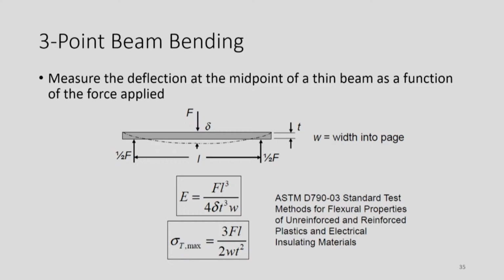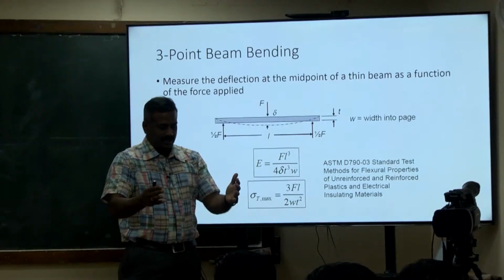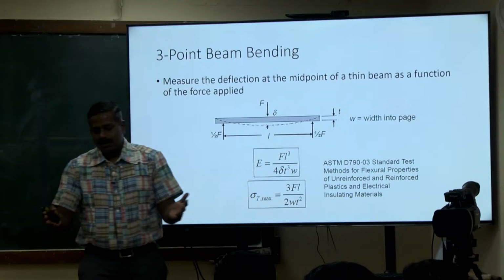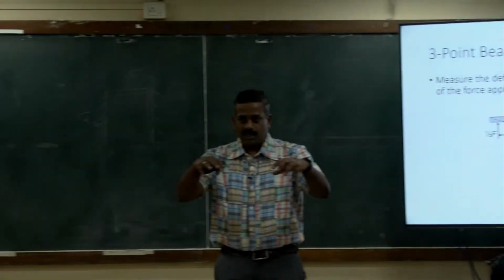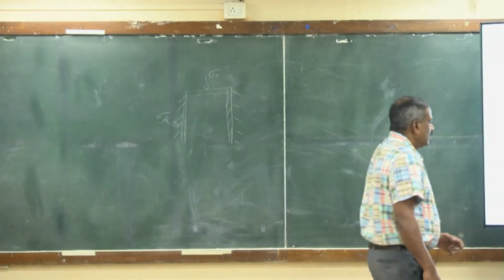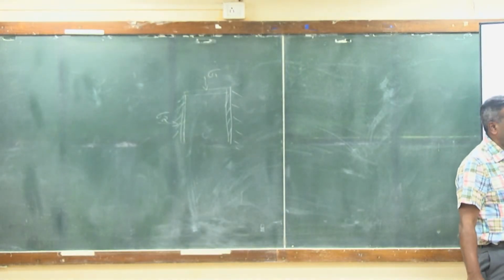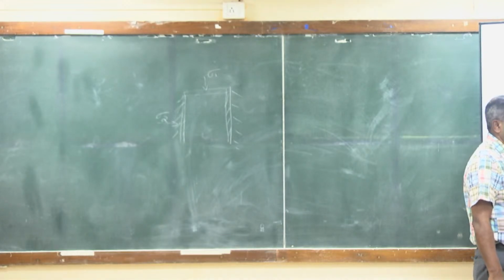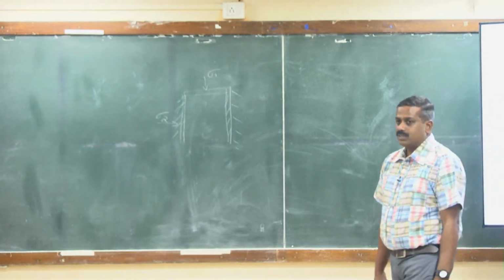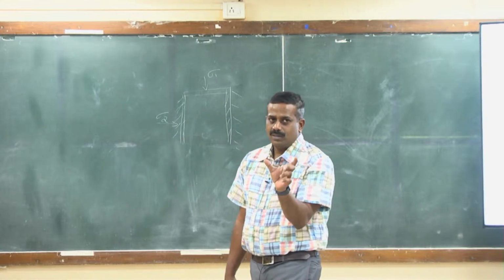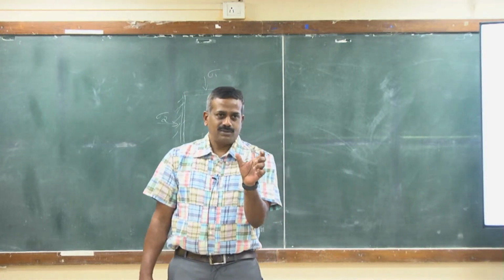I'm not sure if any of you use 3-point bending. In 3-point bending, you keep the compact material on two points, held on top of those two contacts. These are the contacts where the compact or any material is kept, and then you apply force at the center between those two holding rods.